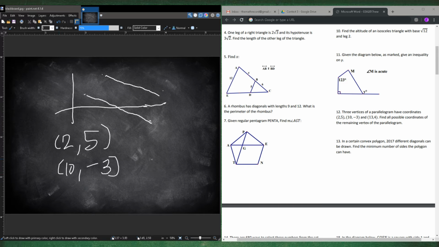The point that corresponds to (10, -3) would technically be this bottom point, which they already gave us, which is (13, 4). So what you need to do is subtract 8 on the x and add 8 to the y. So 13 minus 8 is 5, and 4 plus 8 is 12. So the first coordinate is (5, 12).